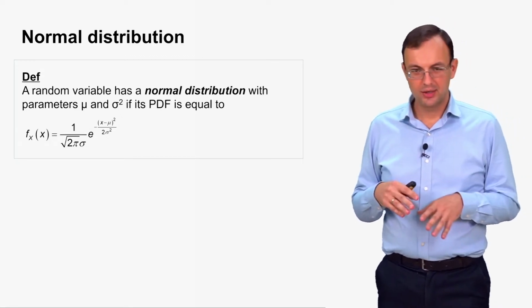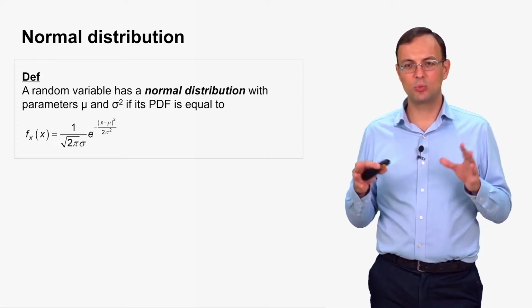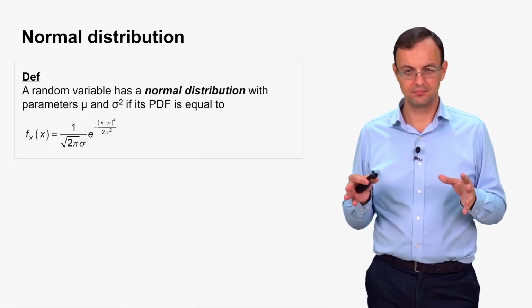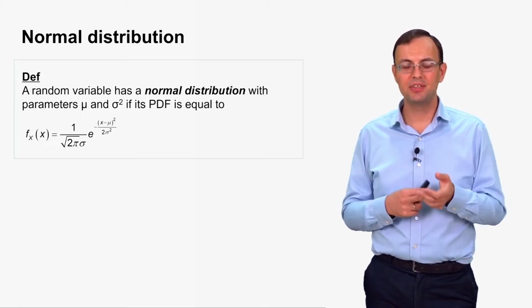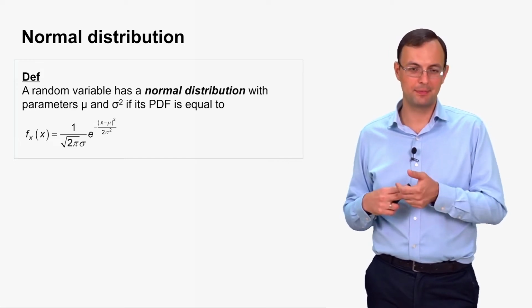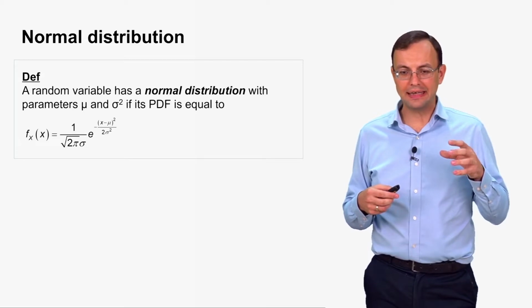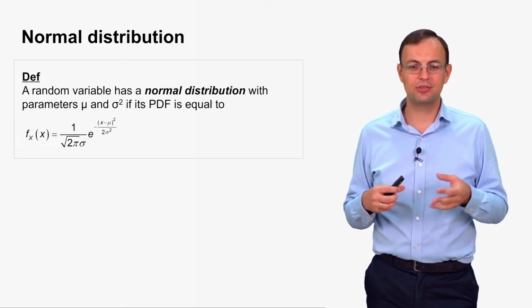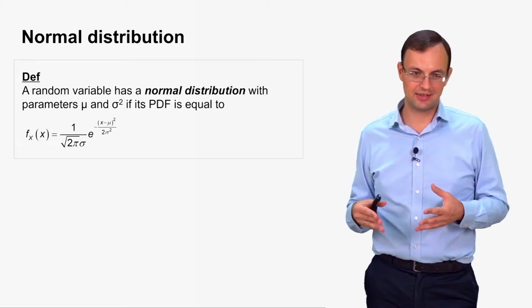Actually, the more strict mathematical way to define a distribution is to provide its PDF or CDF or PMF. But I usually prefer to define distributions by their physical sense.